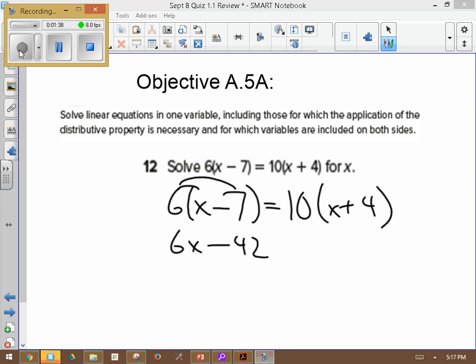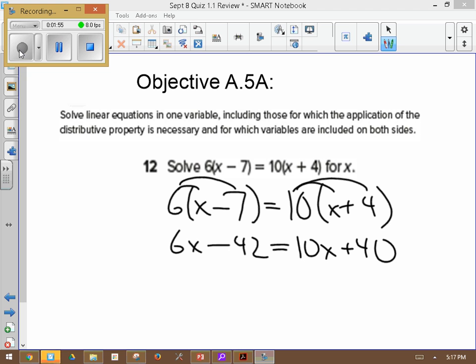Notice that the parentheses are gone now. Let's go to the right side. 10 times x is 10x, and 10 times 4 is 40. There are no more parentheses.